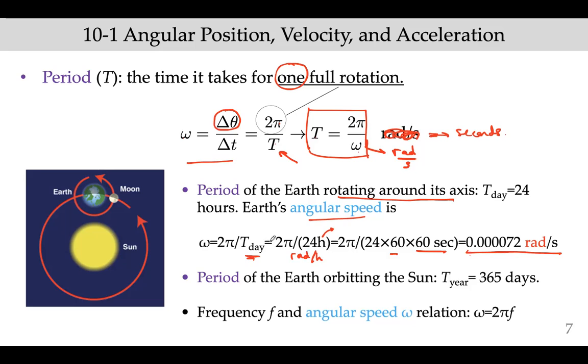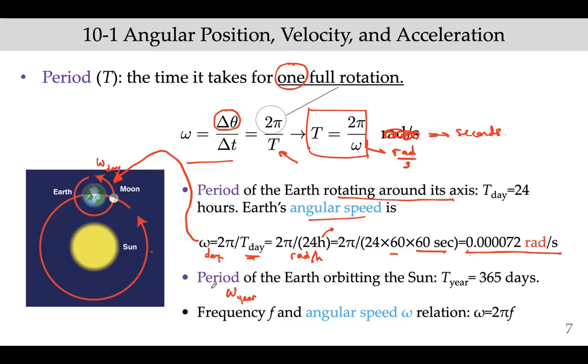And similarly, you can calculate the period of the Earth orbiting the Sun. If we call this one a day, you can also calculate the angular velocity or speed for a year. So this number is for this angular speed. Let's call it omega day.